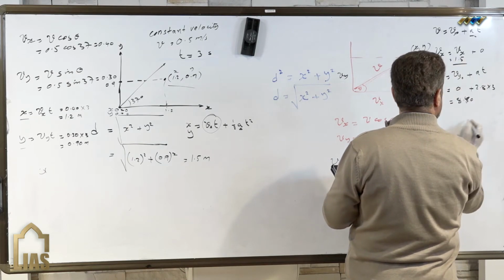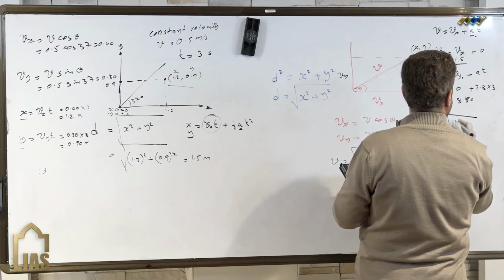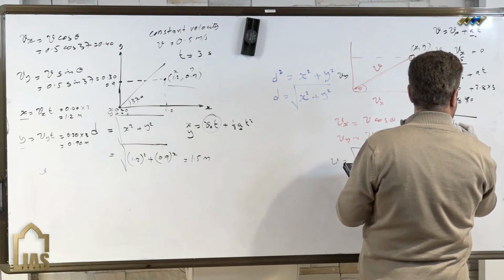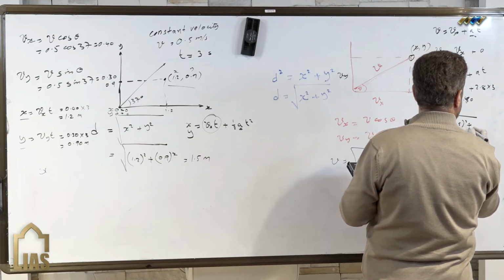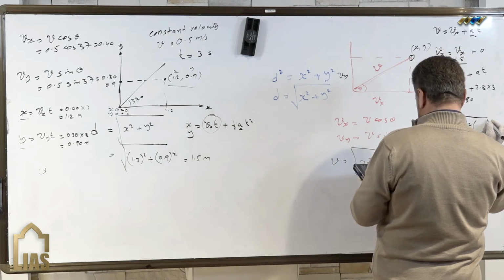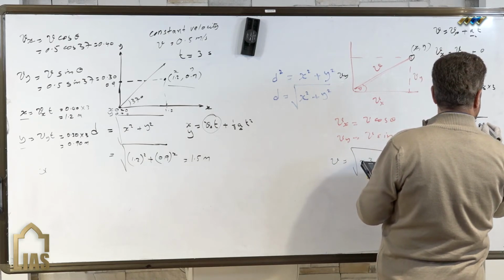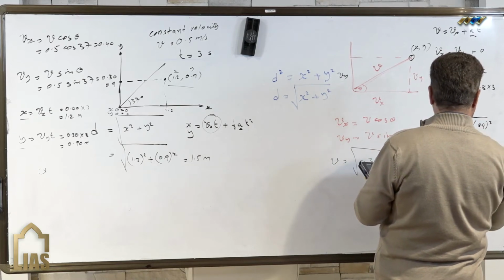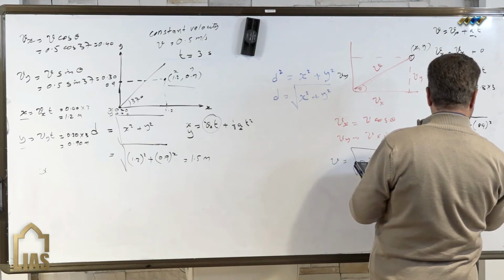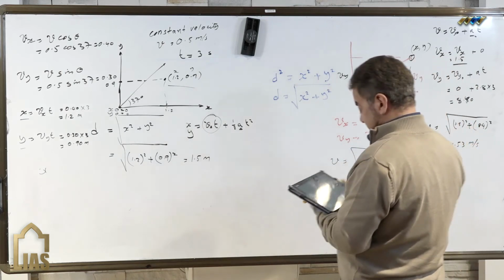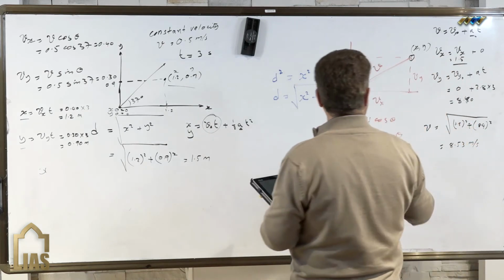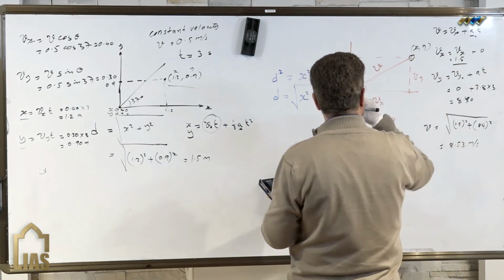Then V is equal to the square root of 1.5 square plus 8.4 square, which gives you 8.53 meters per second.